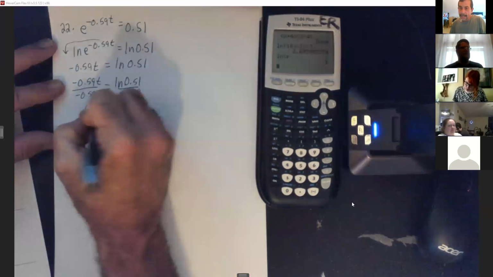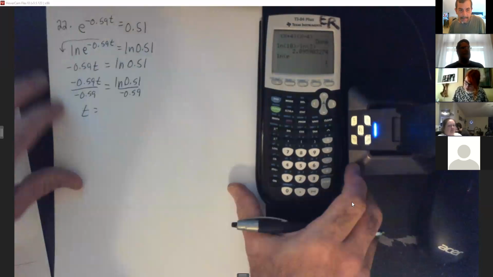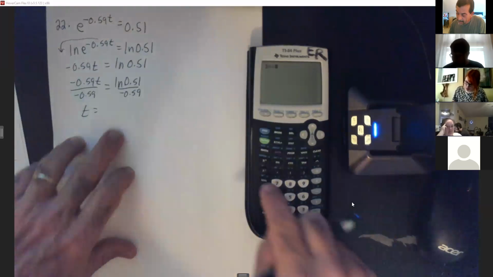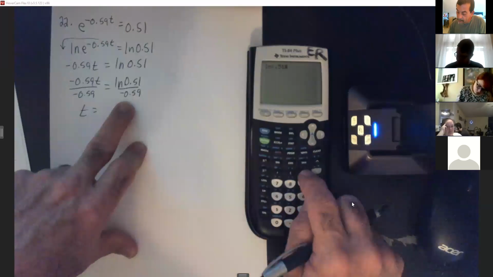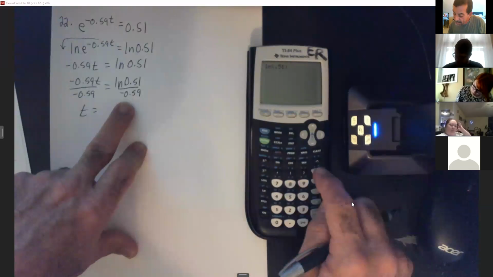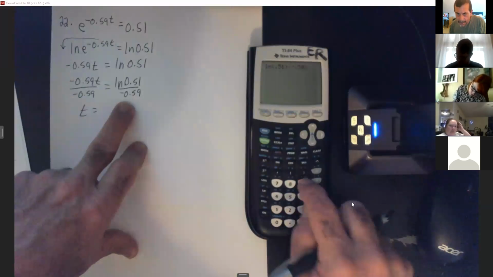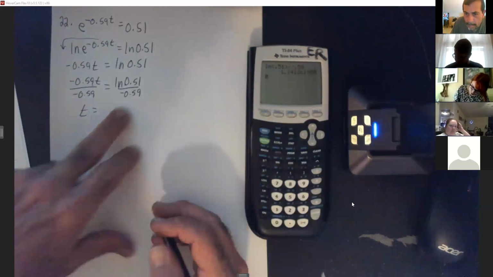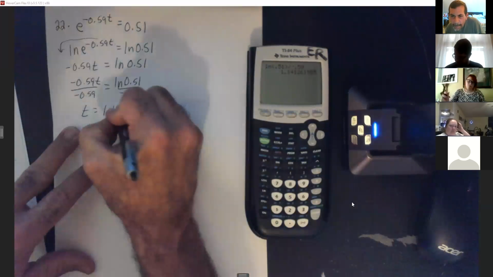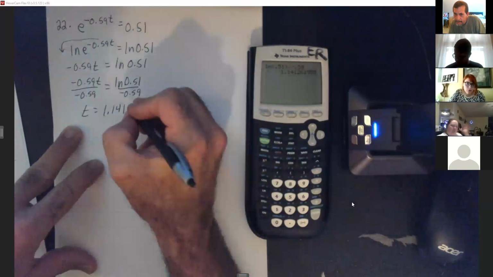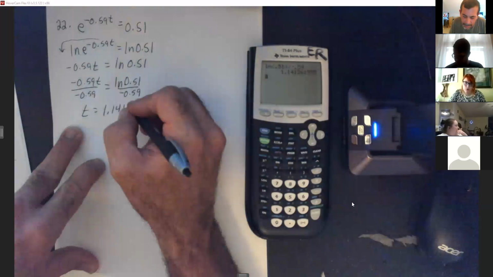And once again, I'm going to estimate this to about 4 decimal places. So I got the ln of 0.51, close parentheses, divided by negative 0.59. All right, so I'm going to get 1.14, and I think that's going to round up to a 3.